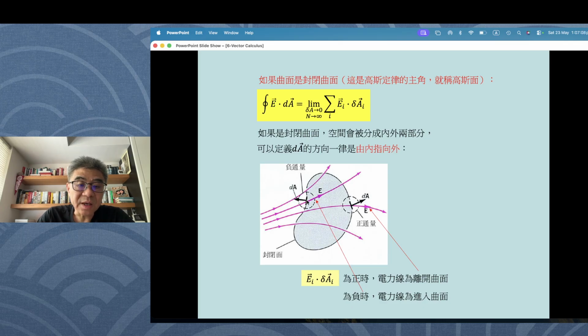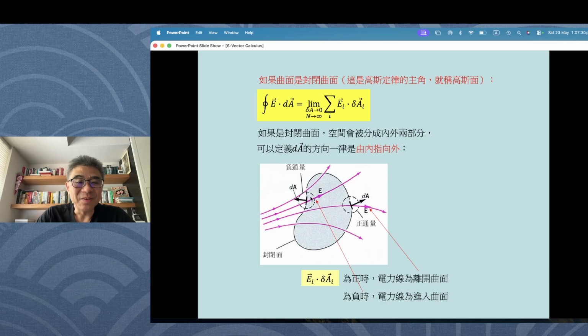However, in the second case, when the electric field is flowing opposite to the direction of dA, the contribution will be negative. That means the electric line is flowing from outside inward into the closed surface, because dA is pointing from inside to outside.